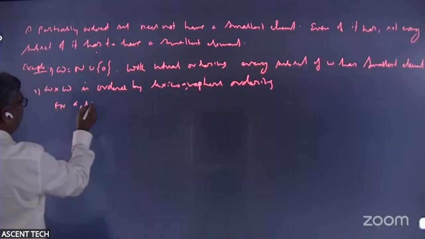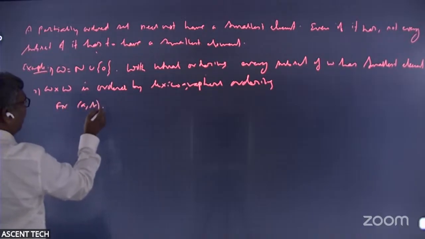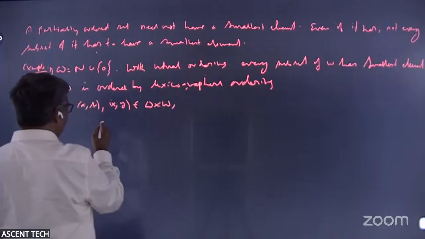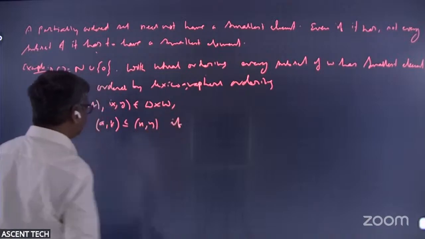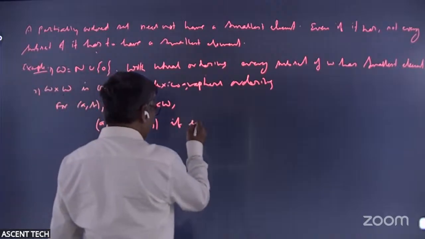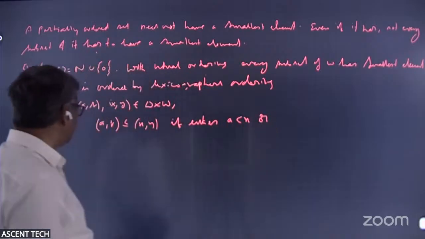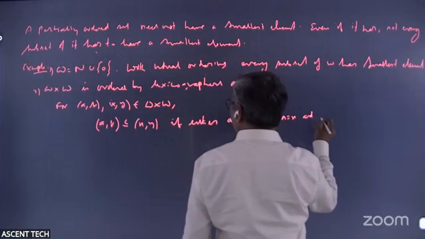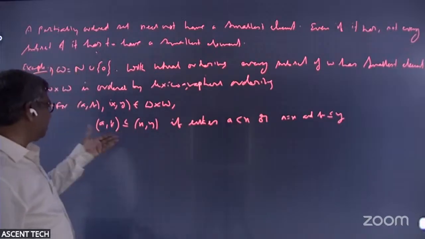For (A, B) and (X, Y) in omega cross omega, (A, B) is considered to be less than or equal to (X, Y) if either A is less than X, or A equals X and B is less than or equal to Y. This is how the dictionary ordering is.